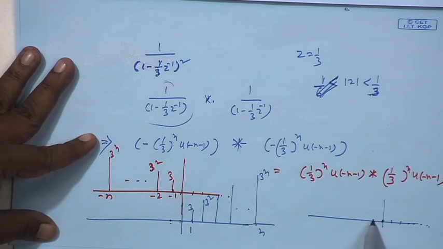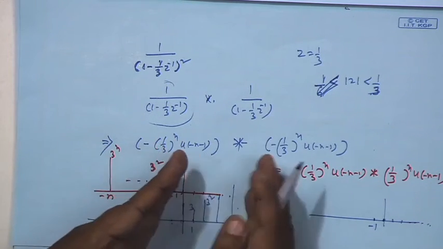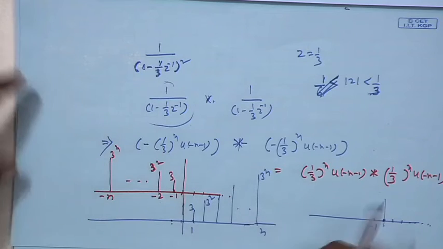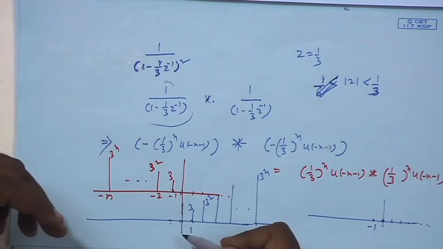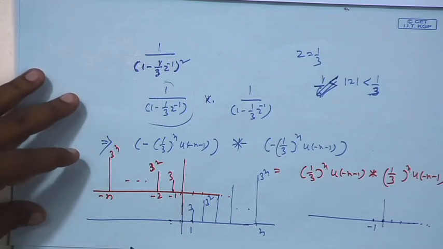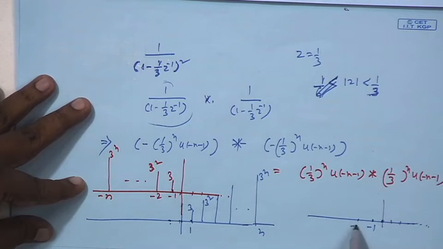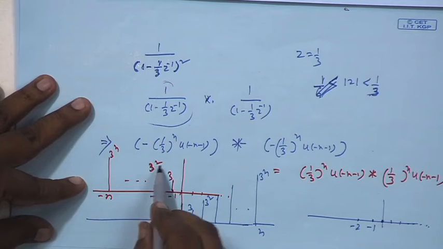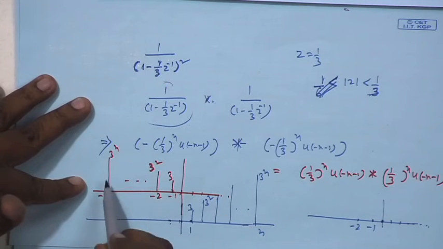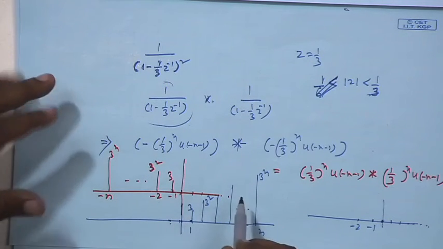So, even if you shift it to the left up to minus 1, this 0 comes here, this comes here, still there is no overlap. So, you get 0. If you shift further from minus 2, then 3 comes below this. So, you have got 3 square, 3 cube, dot.